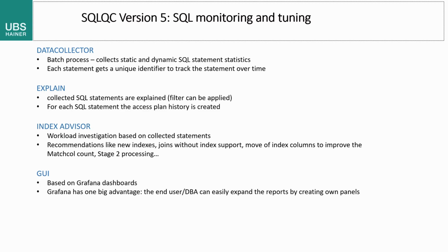Another component is the index advisor. The product comes with an index advisor, which means the workload is investigated. You can assign filter factors, for example, which should be explained, which databases, which user IDs, and so on. Based on this information, the index advisor takes the SQL statements and looks for optimization opportunities automatically.